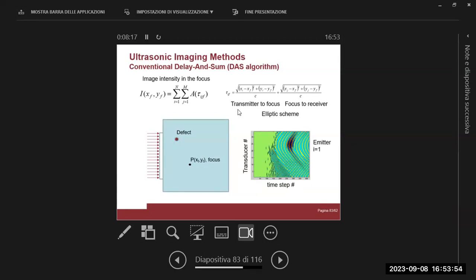So you pick up these amplitudes for all the points in the plate, and you reconstruct an image.